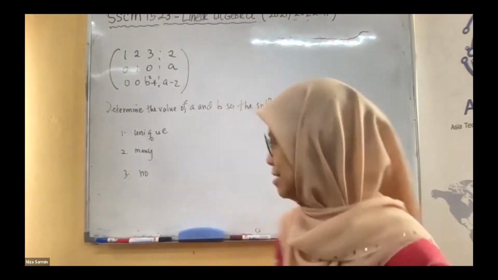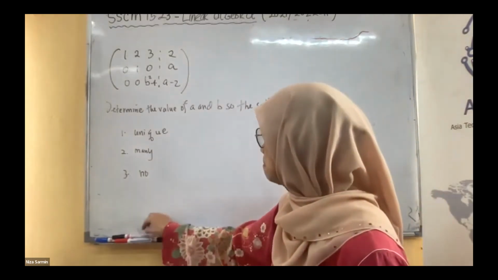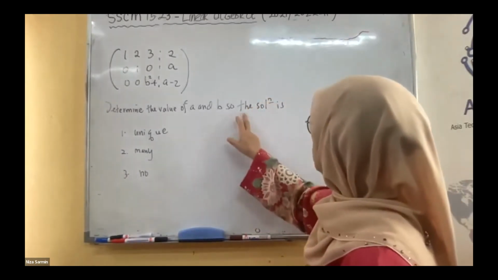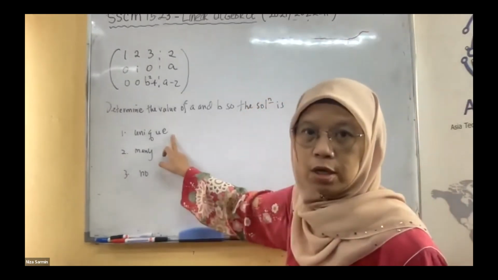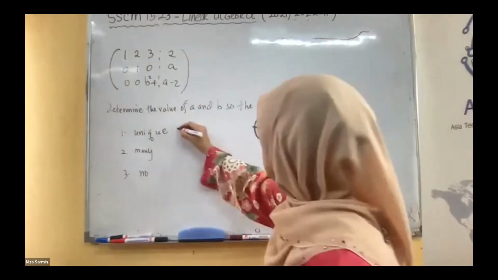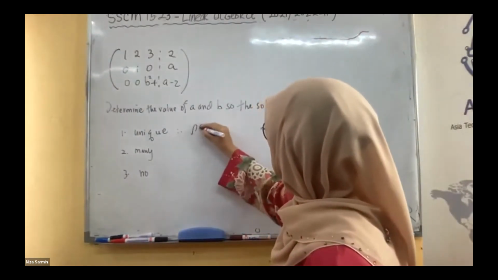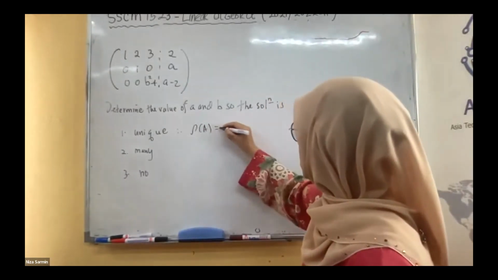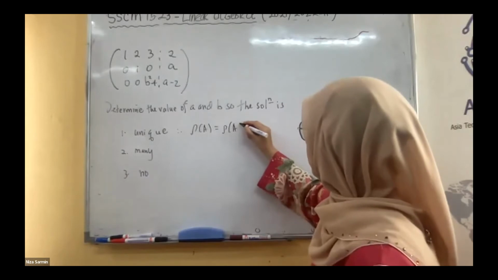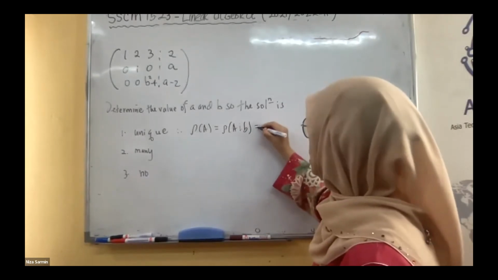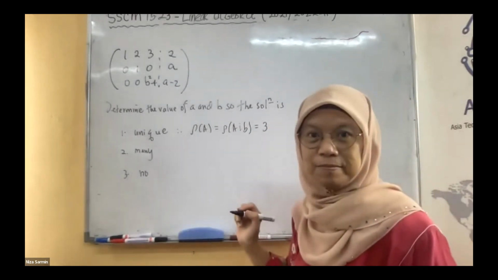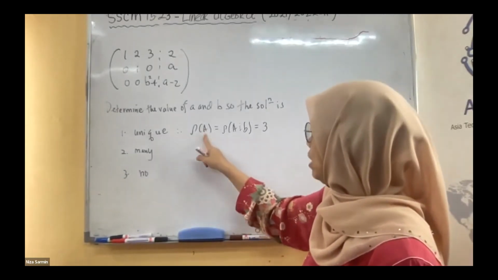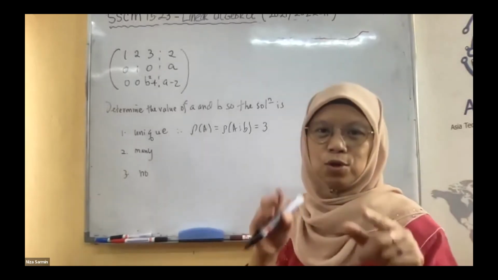Any suggestion? So to determine the value such that the solution is unique, unique means we want the rank of A to be equal to the rank of the augmented matrix, equal to 3. Focus, focus.